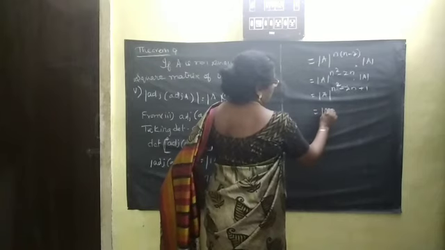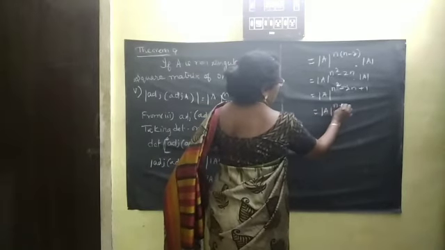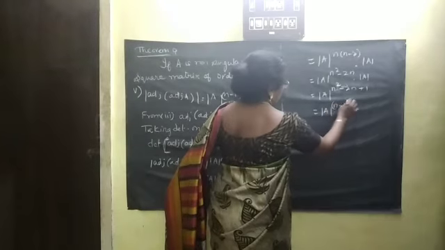This is equal to determinant A the whole power n minus 1 the whole square.